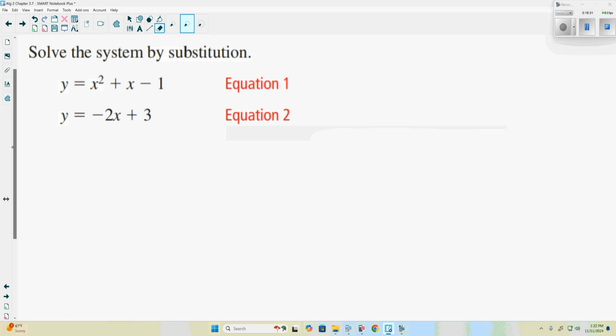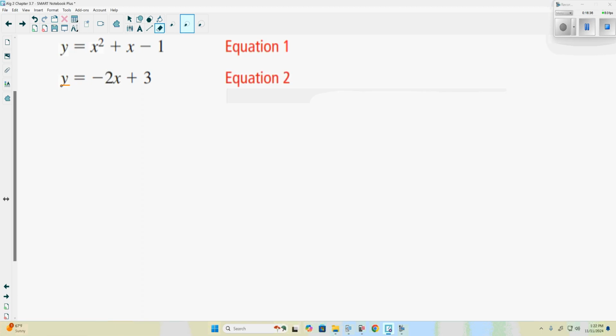And all we have to do to solve this by substitution is take whichever y is by itself. So here, it says y is equal to negative 2x plus 3. And we're going to take that negative 2x plus 3 and substitute it into the other value of y.